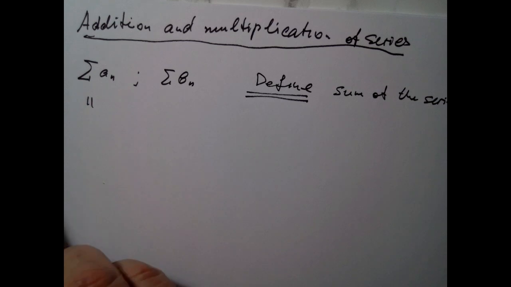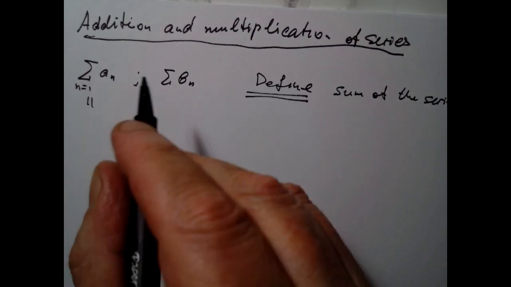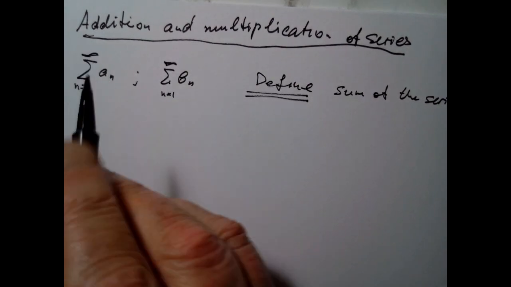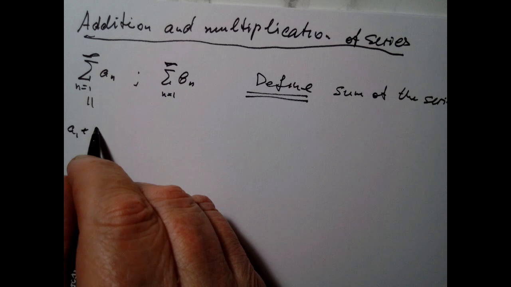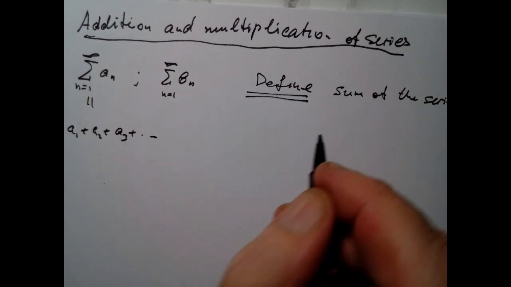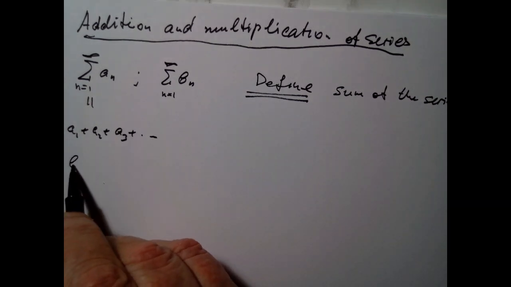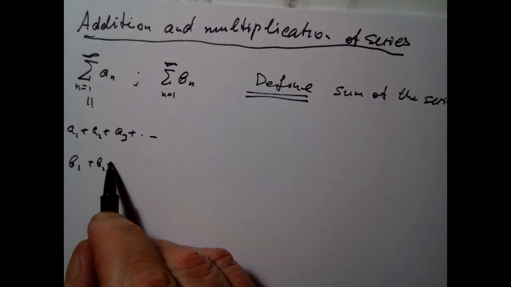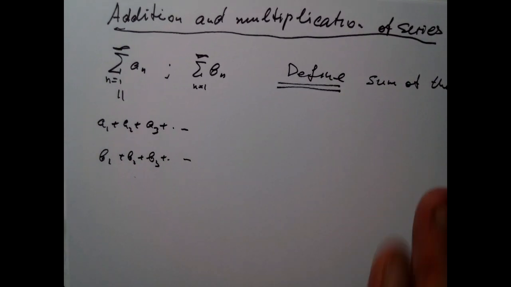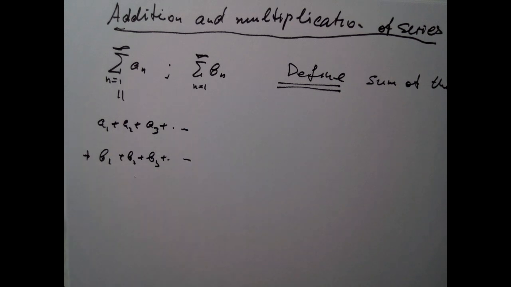So my first series, n from 1 to infinity, is equal to a1 plus a2 plus a3 plus etc. up to infinity, right? And my second series looks like b1 plus b2 plus b3 plus etc. And my point is that if I try to define the sum of the series, I cannot just say plus those guys, okay?